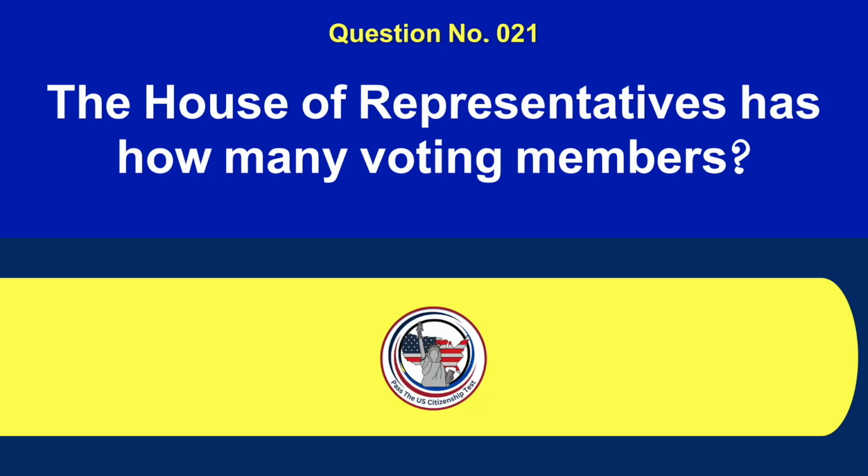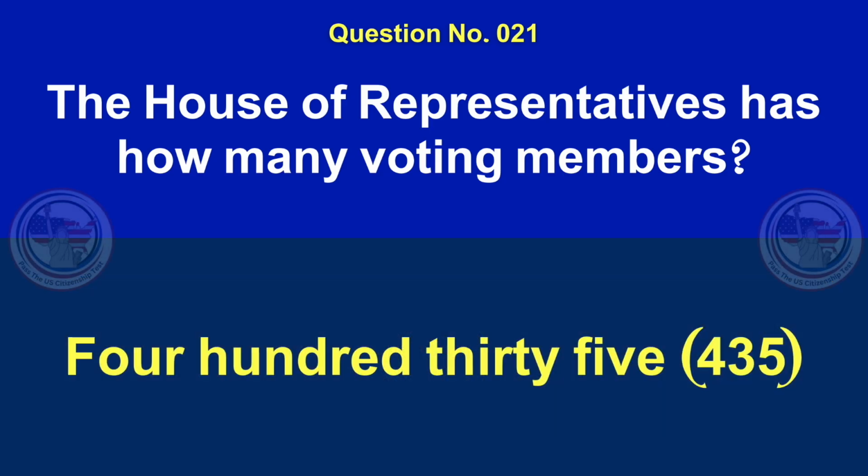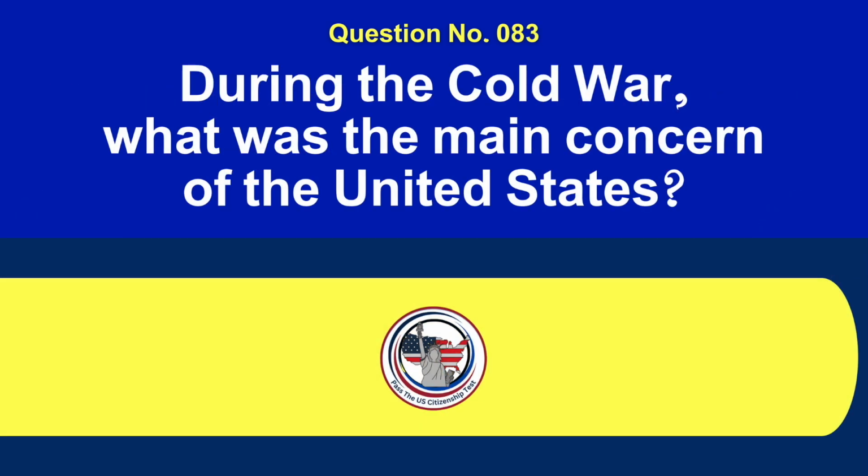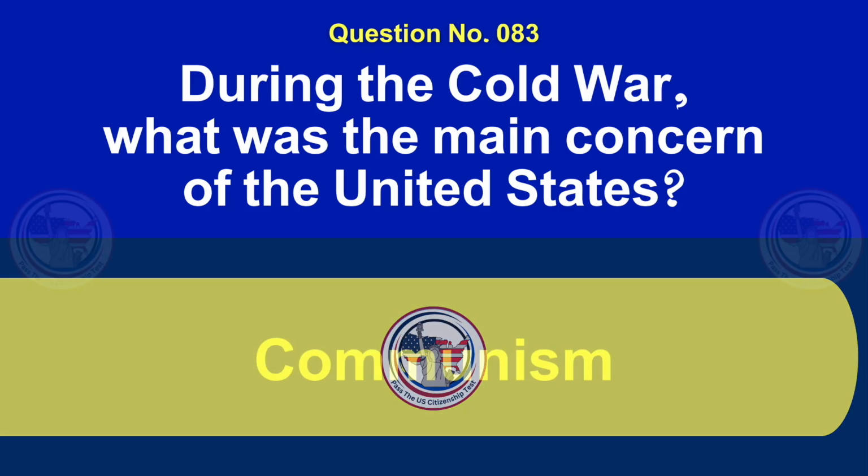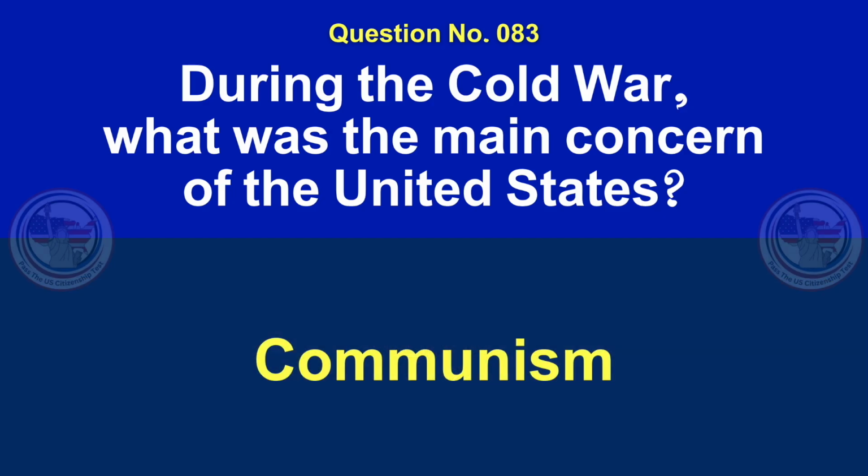The House of Representatives has how many voting members? 435. During the Cold War, what was the main concern of the United States? Communism.